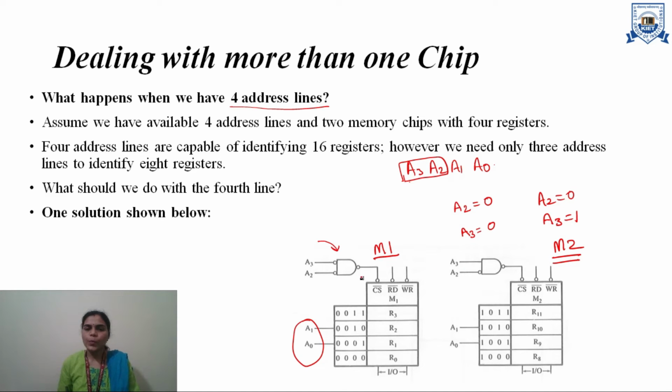So in this way, we can merge more address lines to select a chip. Here we can have another solution too, but I have discussed only one, because we will have 4 combinations of A3 and A2. We have taken this solution for A2 equals 0. We can take the same for A3 equals 0.